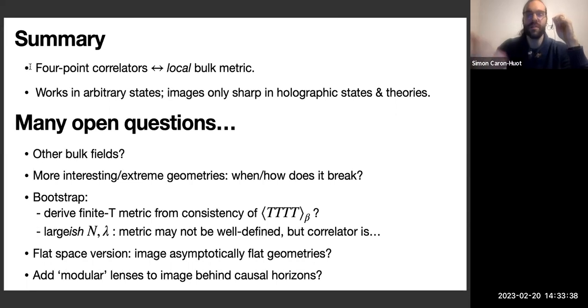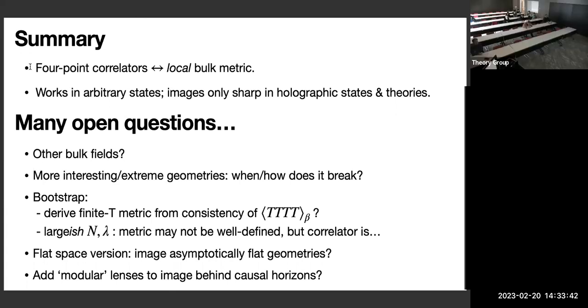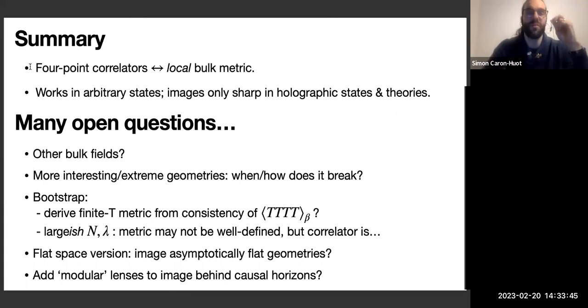Eventually, we'd like to use this to somehow bootstrap the metric from the boundary perspective. But there are a lot of basic questions, even before we get there, like how to get other bulk fields, not just the metric. It's interesting to study more extreme geometries, like whether the bulk geometry is singular or not.